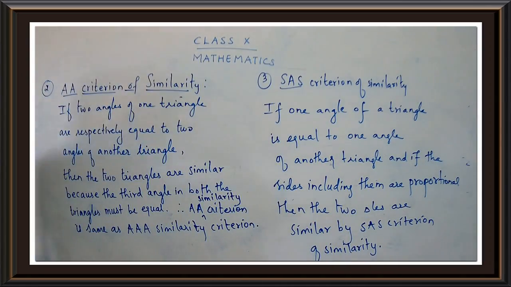So if one angle of a triangle is equal to one angle of another triangle, and if the sides including them are proportional, then the two triangles are similar by SAS criterion of similarity.